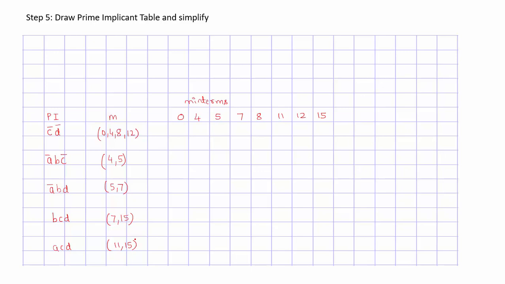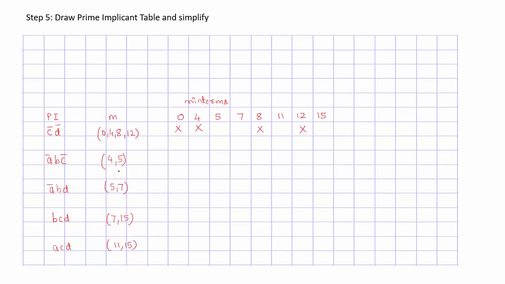Next, you have to write a cross symbol below a particular minterm column which forms this prime implicant. So C bar, D bar is formed by 0, 4, 8 and 12. So under 0 you have to write a cross, under 4, under 8 and under 12.